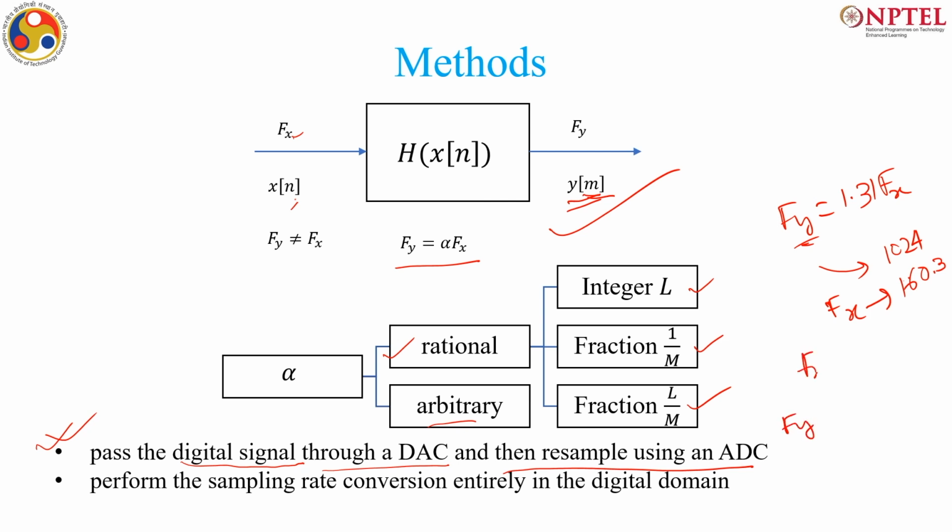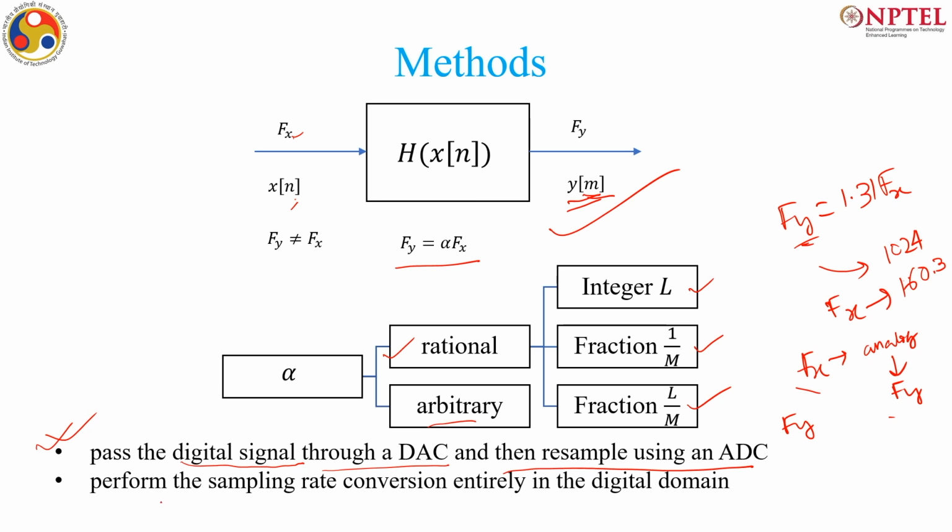So, Fx to analog and then analog to Fy, and here I need not have any specific relation, I can choose my Fx and Fy arbitrarily. But this conversion may introduce a lot of quantization errors because of these repeated ADC and DAC stages.